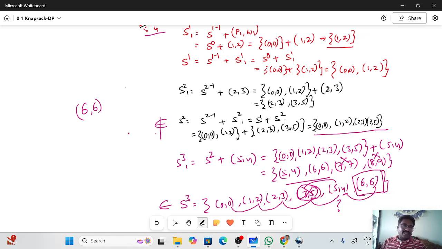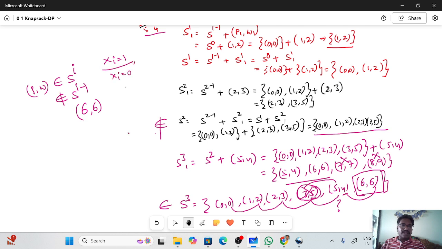So what is that meaning? I write the generalizing formula. So the final item which we are getting, nothing but the profit and weight, belongs to Si and does not belong to Si minus 1. Then the solution vector of that corresponding item is 1. Otherwise the solution vector value is 0.